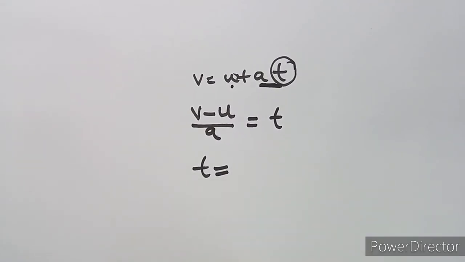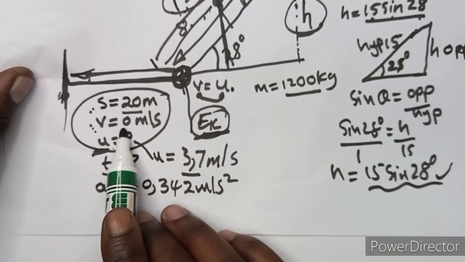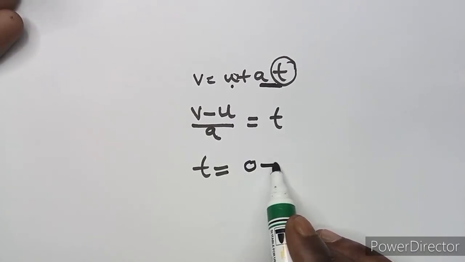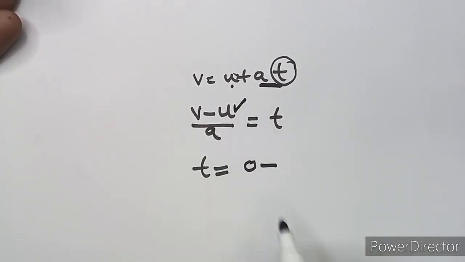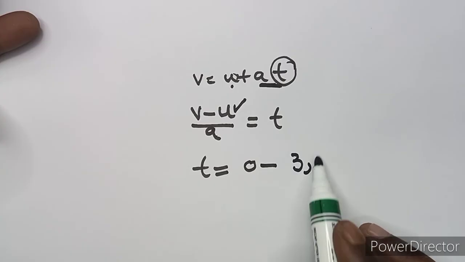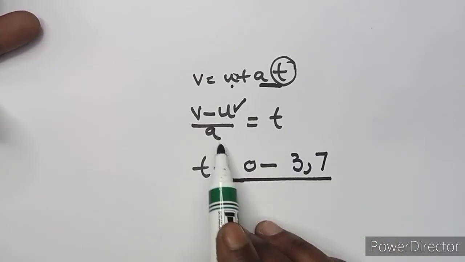So let's substitute our v, which is the final velocity, that is a 0 there. So we got 0 minus the initial velocity, which is 3,7, so you've got 3,7 over the acceleration.